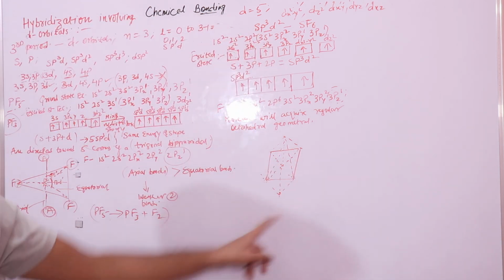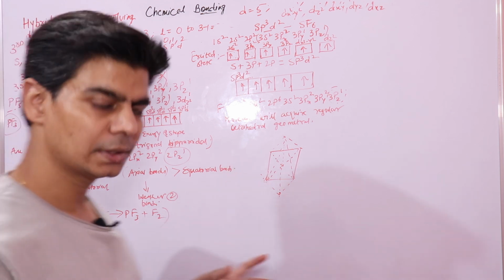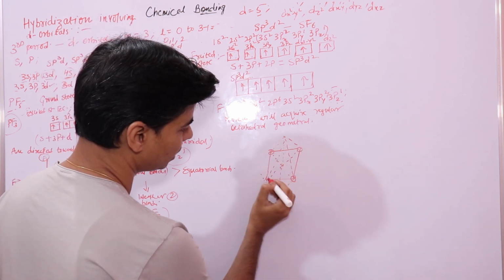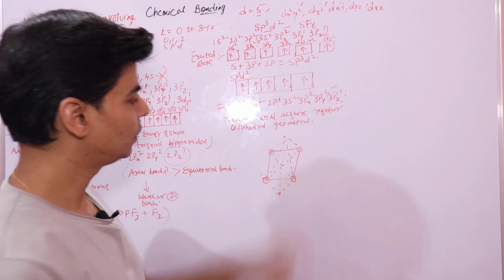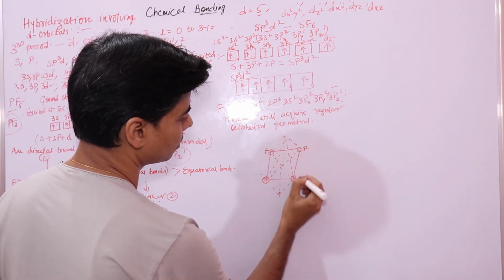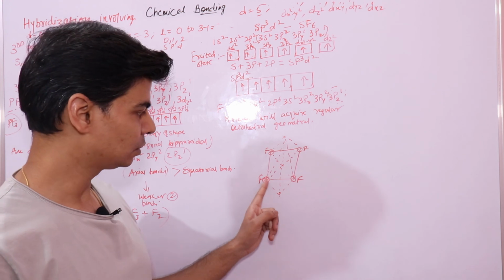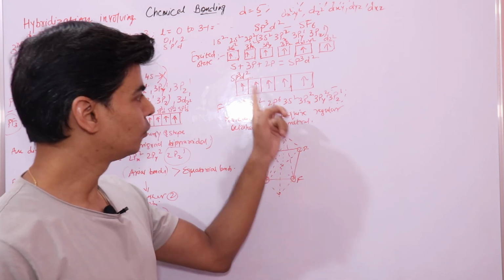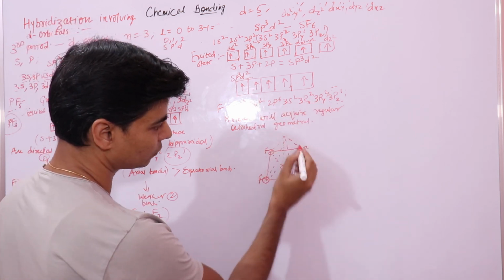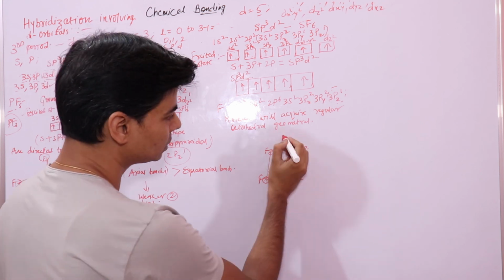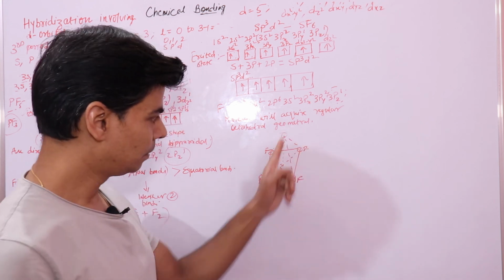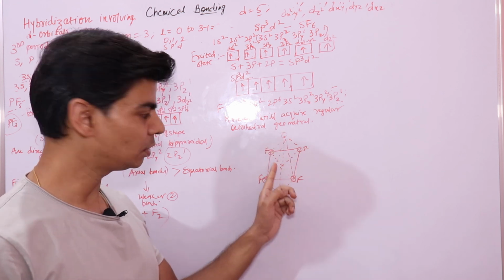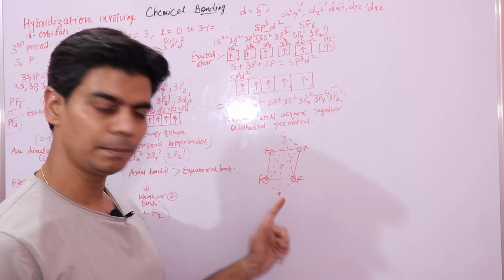This is a regular octahedron. An octahedron has 6 corners. 4 corners are in one plane. So 4 fluorine atoms will occupy these 4 corners, because 4 hybrid orbitals lie at the corners of this square. And 2 orbitals lie perpendicular to this plane, one above and one below.